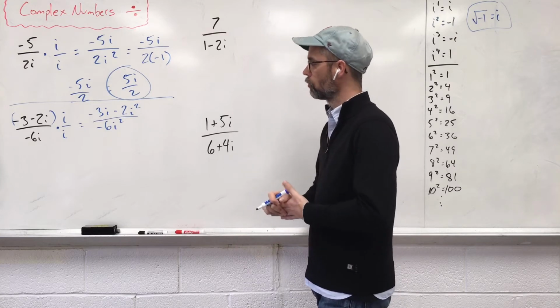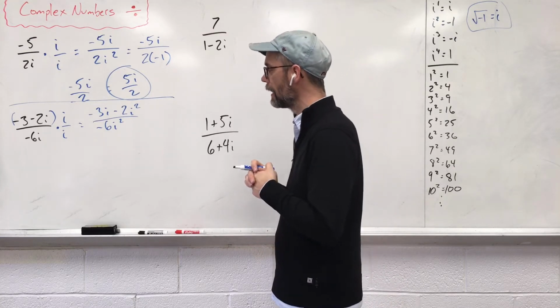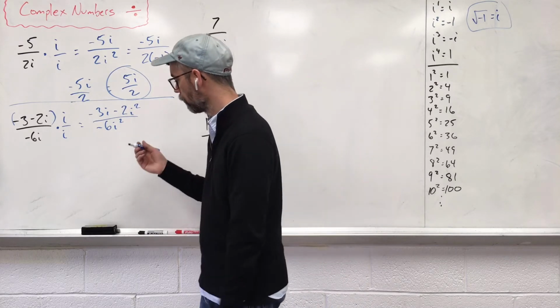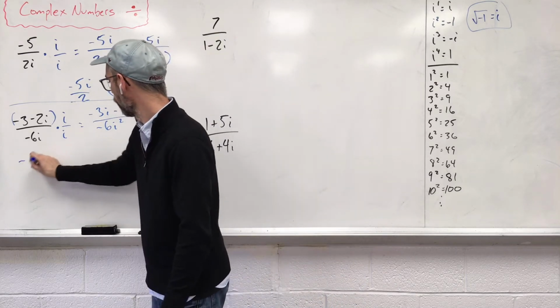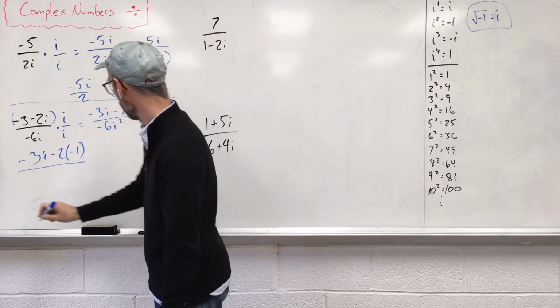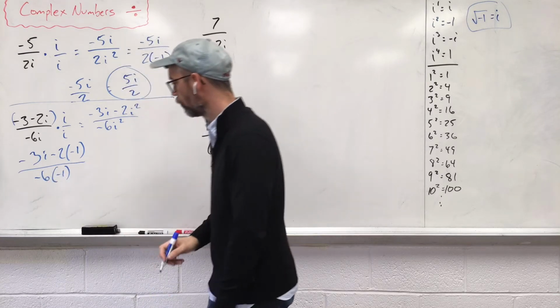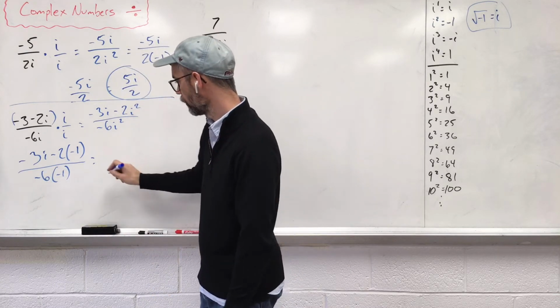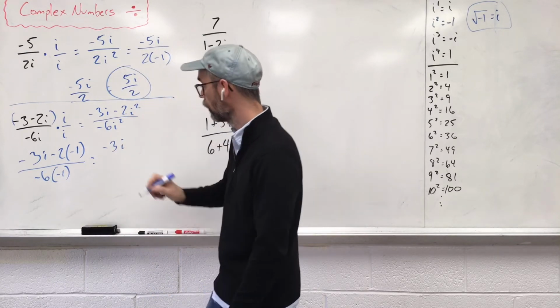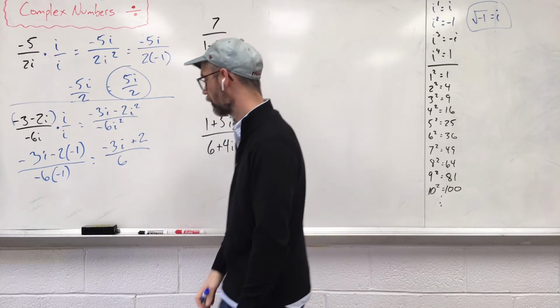Let's take care of those i squareds. i squared is -1. So if I were to rewrite this, -3i minus 2 times -1 all over -6 times -1, giving us -3i plus 2 and 6.